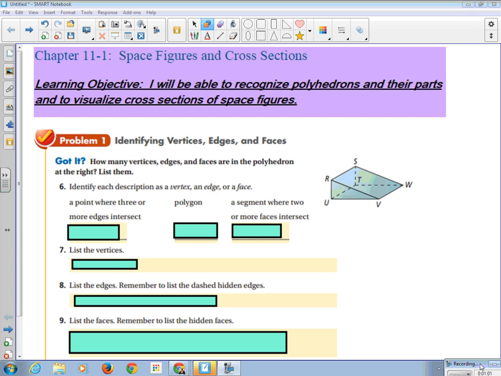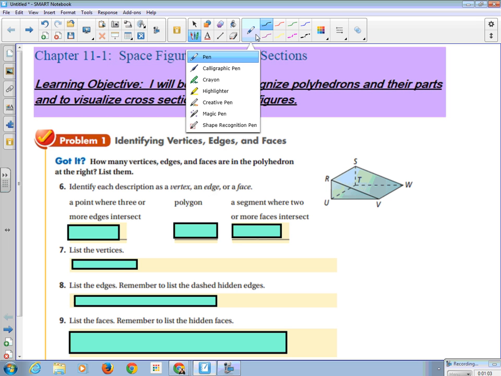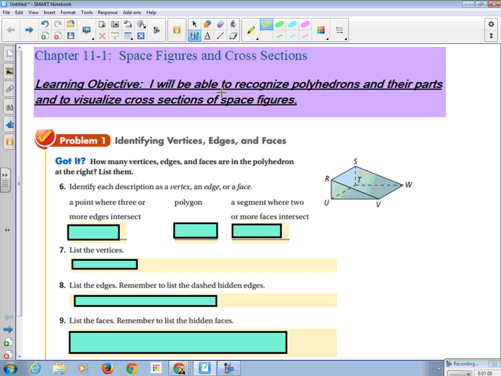So at the end of this, I want you guys to highlight, because this is definition stuff. A point where 3 or more edges intersect is a vertex. This is a perfect multiple choice quiz question.